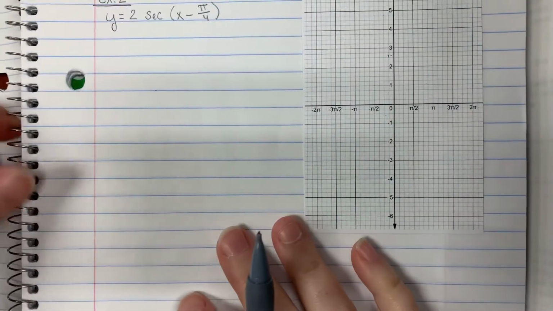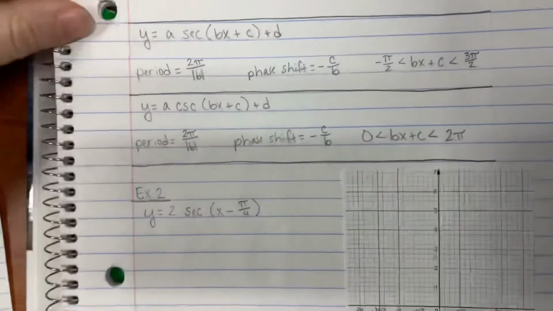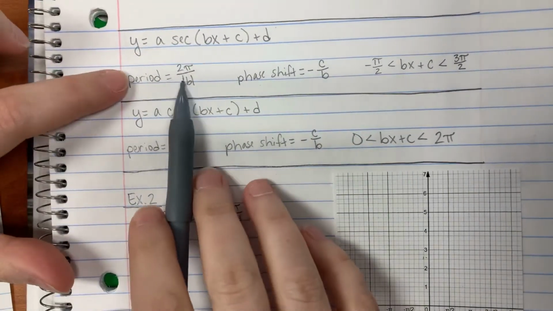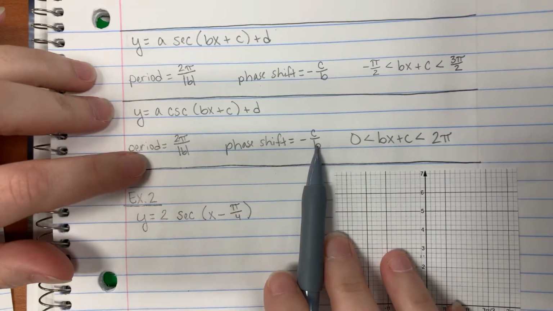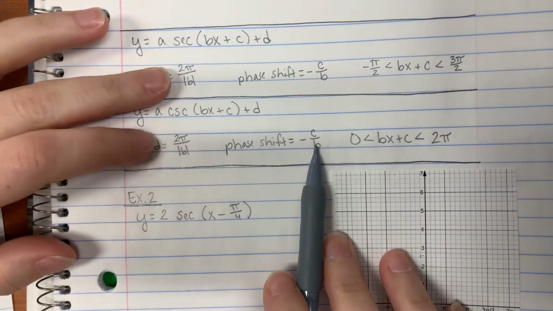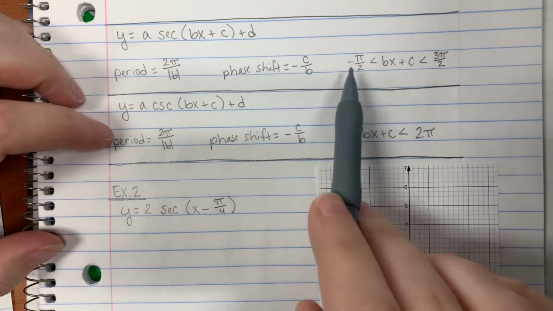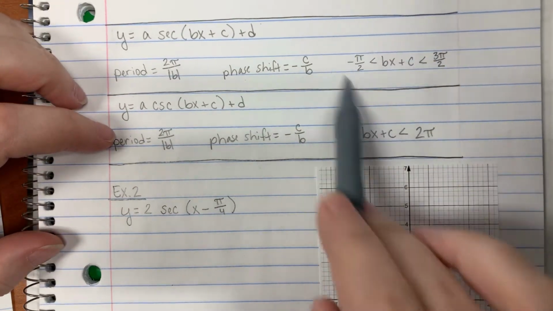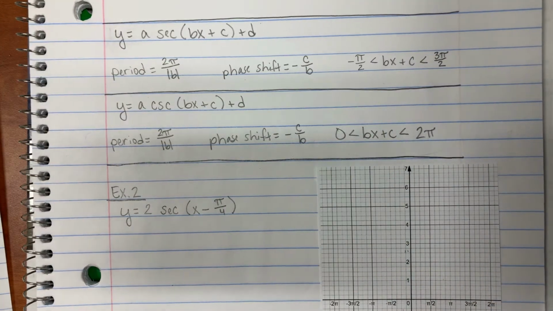Okay, secant and cosecant. These are, again, very similar. You still have a period, a phase shift, and these look very similar as sine and cosine. They look very similar to those because it's 2 pi over b again. But again, check this part right here to find those asymptotes where it's going to happen. And I really like this image for these.